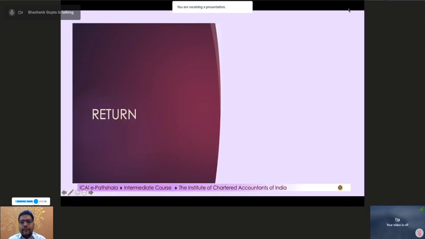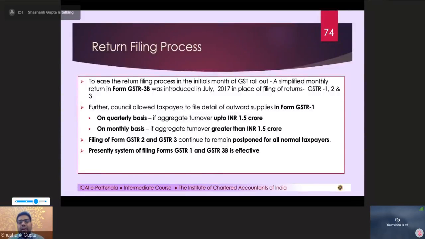Coming back to our discussion on returns. Like I told you, initially the government had made ambitious plans of three monthly returns, that is GSTR1, basis that 2A will be populated, from 2A, GSTR2 will be filed, from 2, 1A will be populated and basis 1A, GSTR3 will be filed, okay.